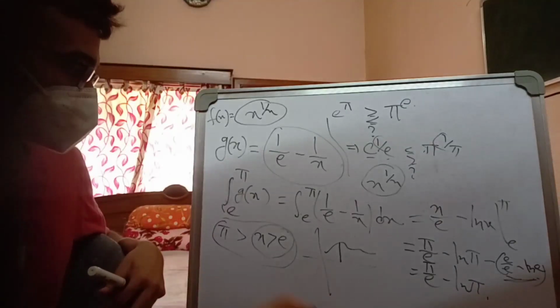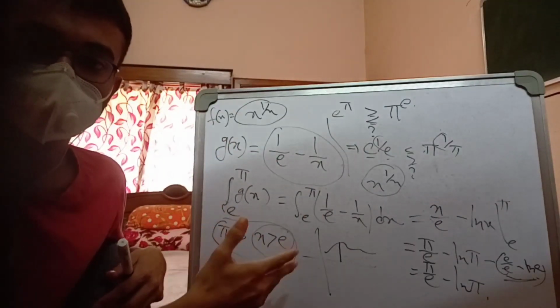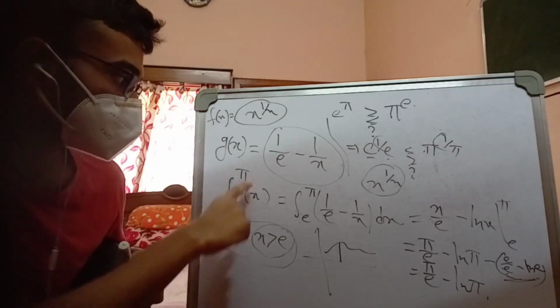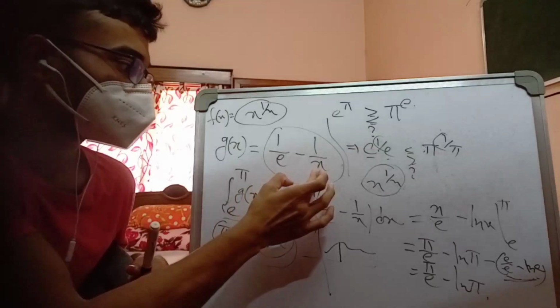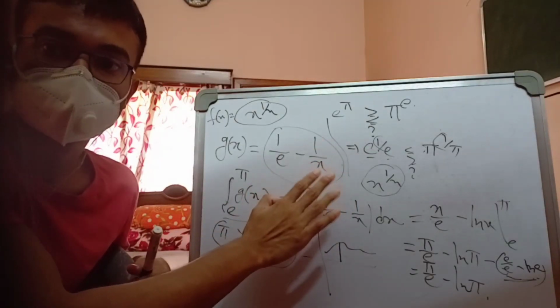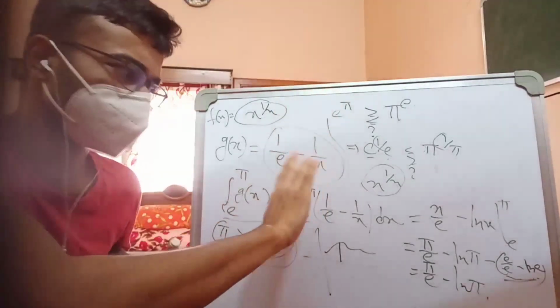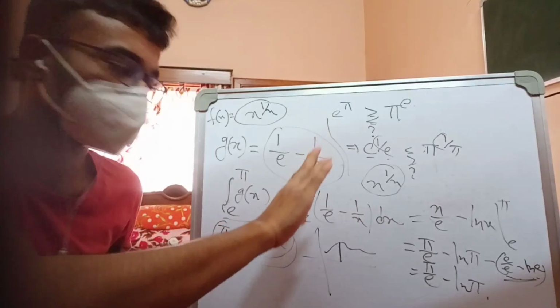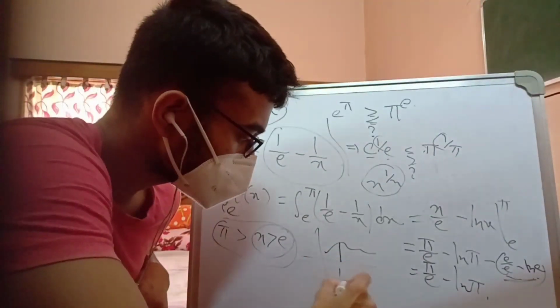And now, as you know, if x is greater than e, then this function is always positive, because 1 by x is smaller than 1 by e, and 1 by e minus something smaller, up to pi or anything greater than e, is always a positive number. Agree with me?